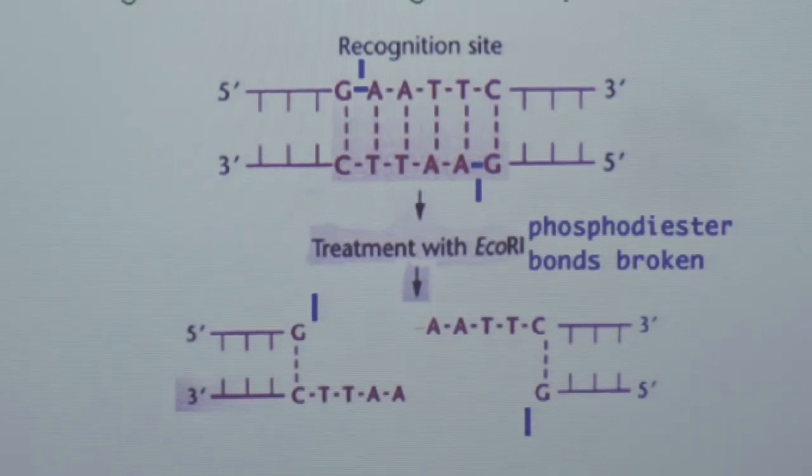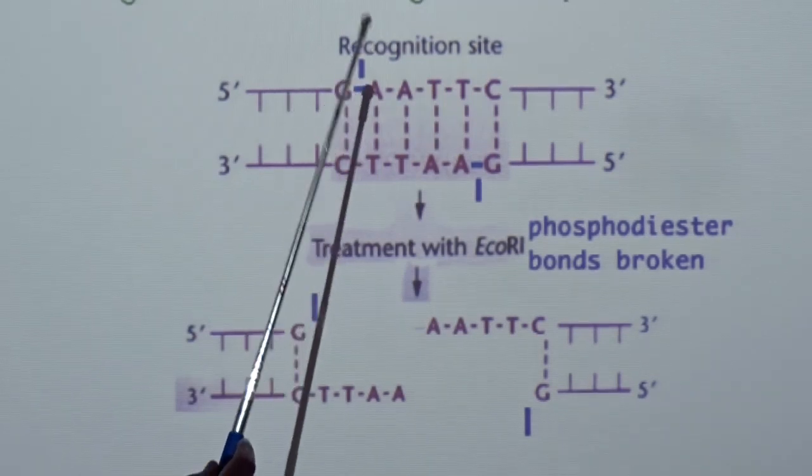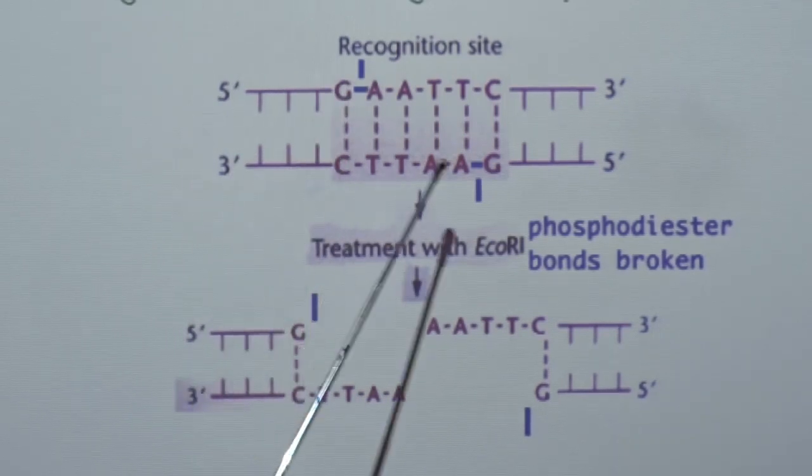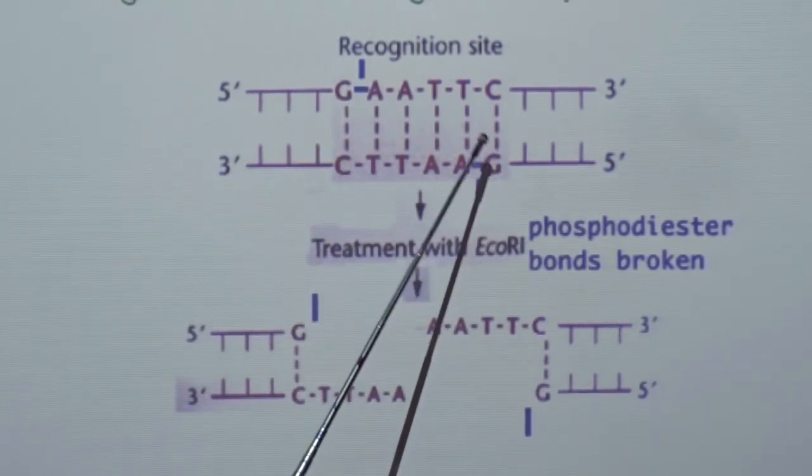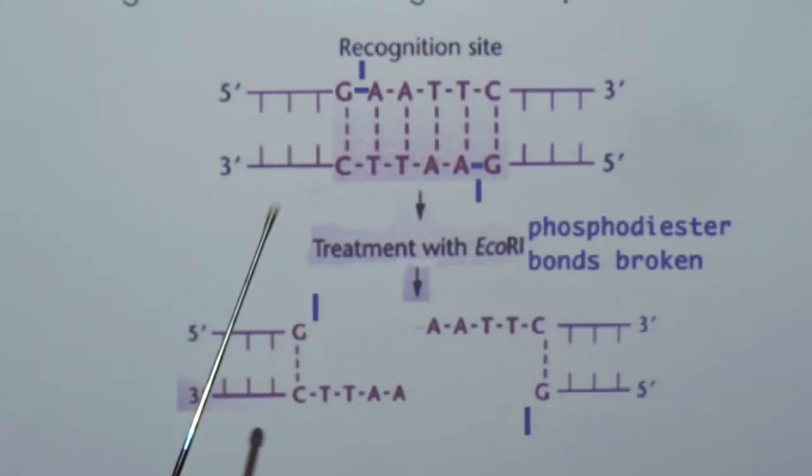First it recognizes the site. So there is a cutting site between G and A, and here in this strand also between G and A. So that is the cutting site.